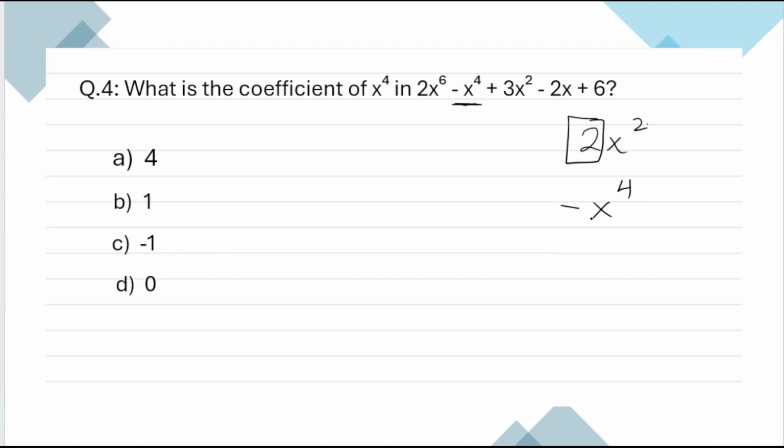When there is no number before the variable, it means it's 1. So what is the coefficient? Is it just 1 or is it minus 1? It's minus 1, negative 1. Never ignore the sign in the coefficient. If it is negative, take the entire sign and the number. So our correct answer in this case is C option, negative 1.